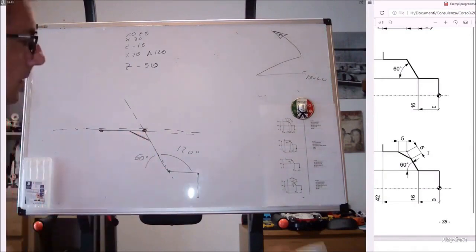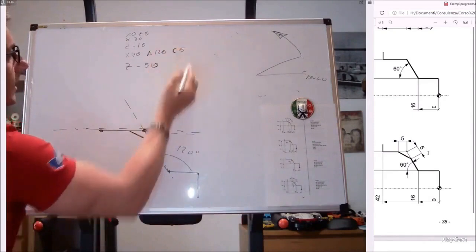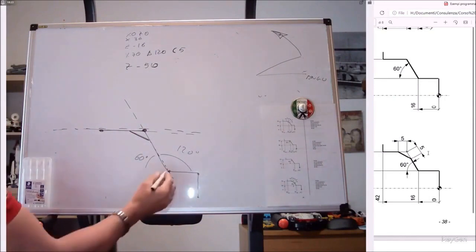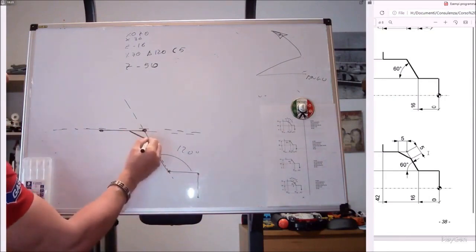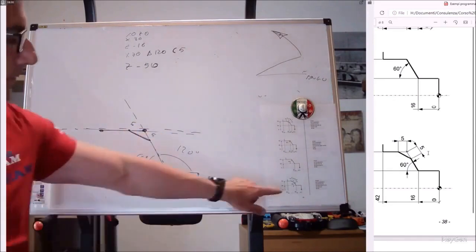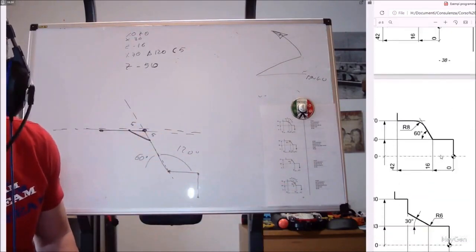If I put C5 here, nothing prevents us from combining our angle with a C or an R. Because fundamentally, when I drew this, the machine knows it then has to cut 5 mm here and 5 mm there and go to make this little radius.